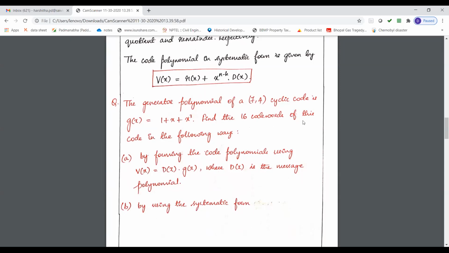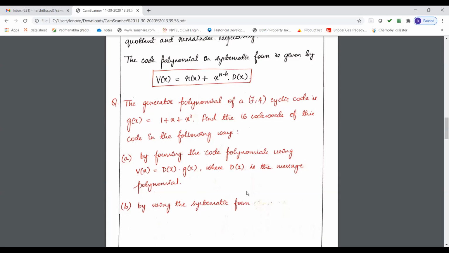Find the 16 code words of this code in the following ways. First sub question is, by forming the code polynomials using v of x equal to d of x into g of x, where d of x is the message polynomial. Second sub question is by using the systematic form.